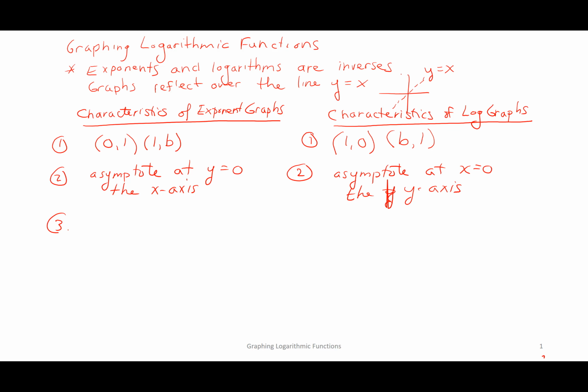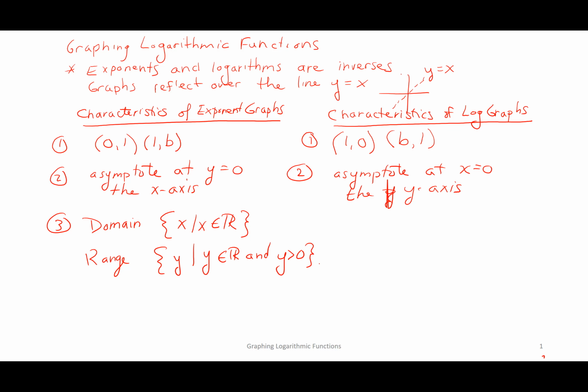And the last one, for number 3, again, we're talking about parent graphs, is the domain of the exponent graphs was x such that x was all real numbers, and the range was y such that y was all real numbers and y was greater than 0, because it had to be above that asymptote. Well, we're going to reverse this for the characteristic of log graphs.